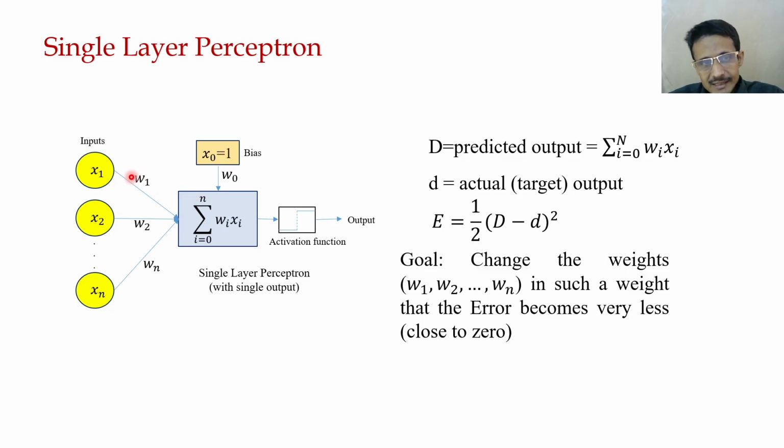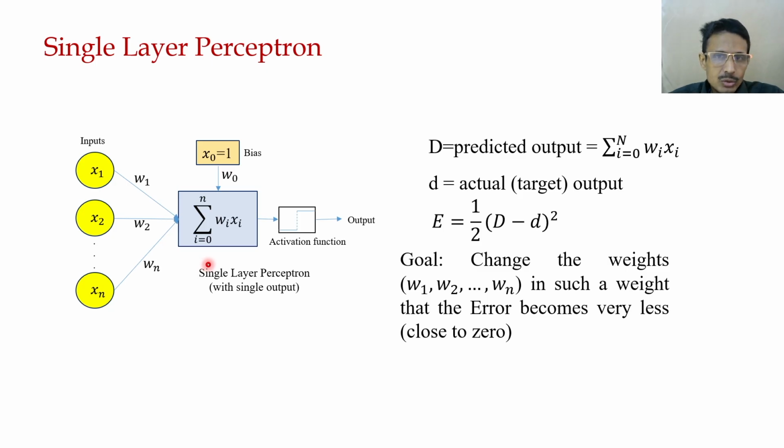We want to find such W1, W2, Wn and W0 so that this input to output mapping can be done without error or with very little error. This is a kind of mapping function that we are going to find out. In the case of classification, this mapping function is a decision boundary that we have seen earlier.